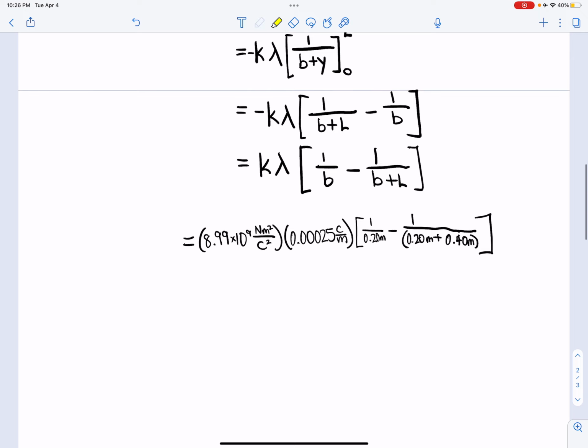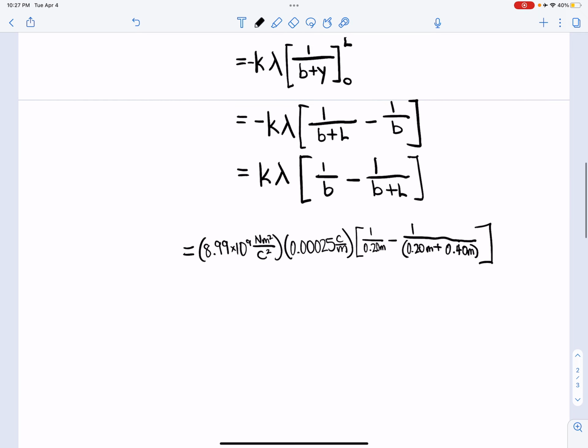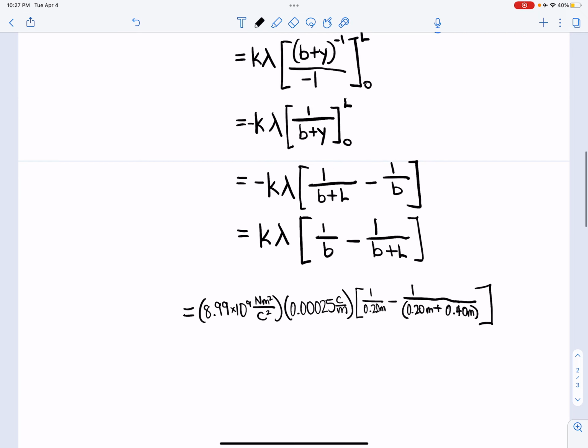Okay, so just plug that in your calculator and you would find that the total electric field is equal to 7.49 times 10 to the 6th newtons per coulomb. Okay?